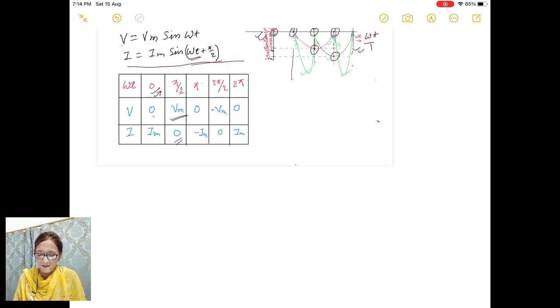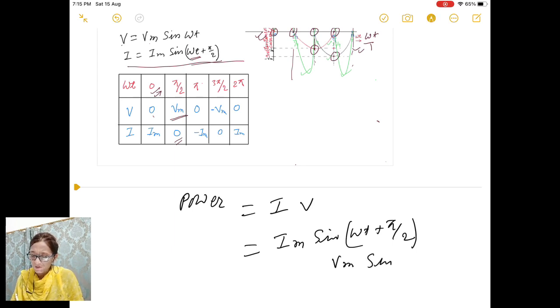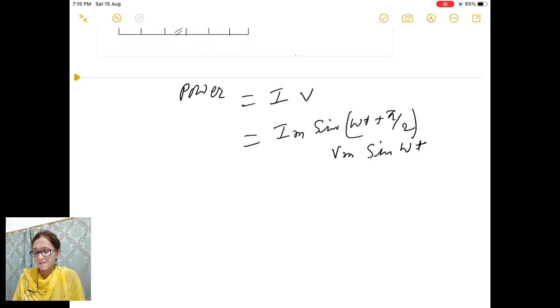Let us find it analytically. We know that power is equal to IV, and here I is equal to Im sin(omega t plus pi by 2) and V is equal to Vm sin omega t. So this is your power. Let us simplify this. Im, Vm are constants, and sin(90 plus theta) is cos theta.